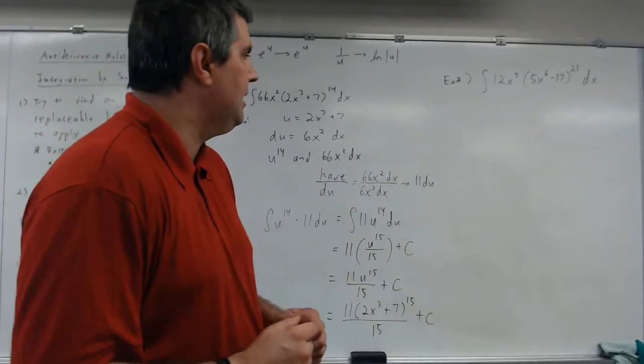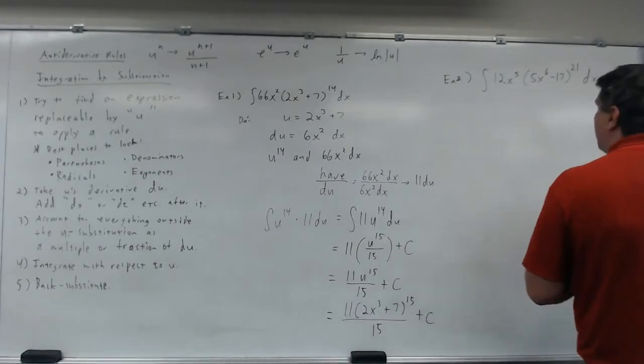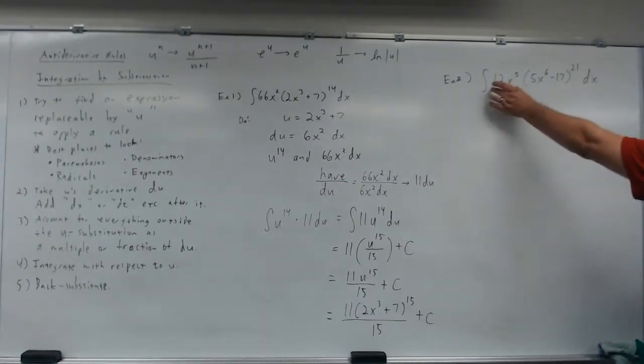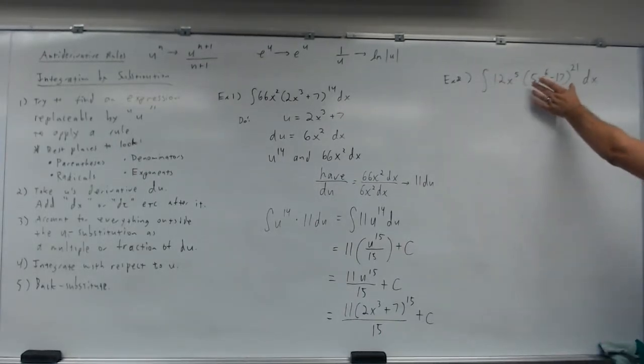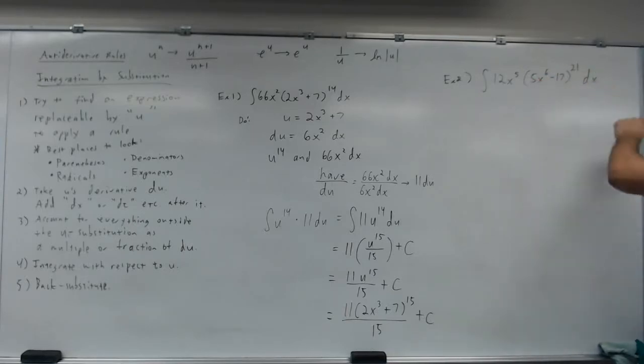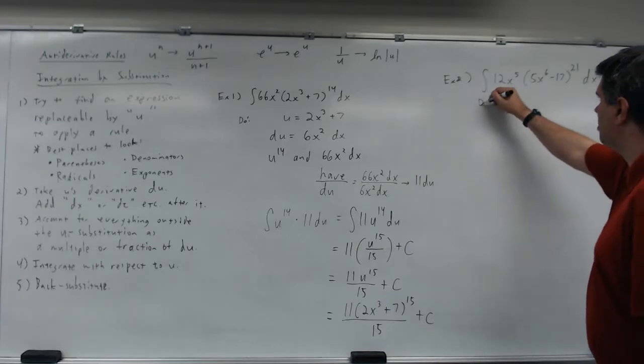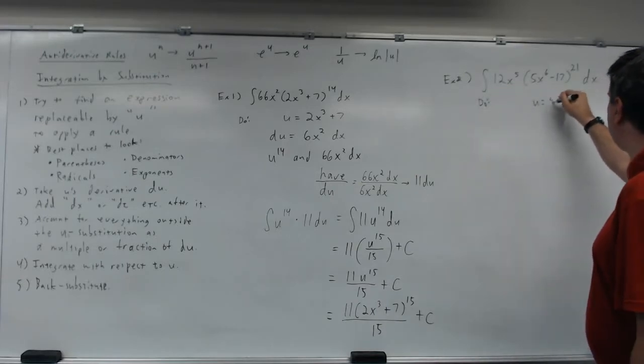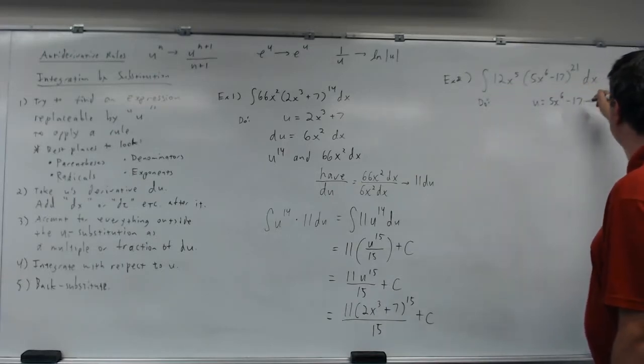Now, next, I have the integral of 12x to the 5th times (5x to the 6th minus 17) to the 21st power dx. So here goes. u will equal 5x to the 6th minus 17.